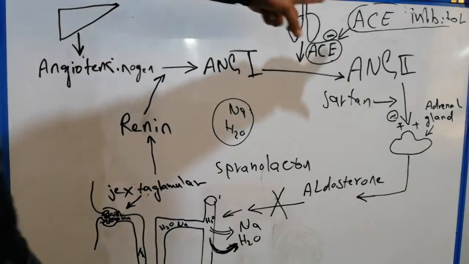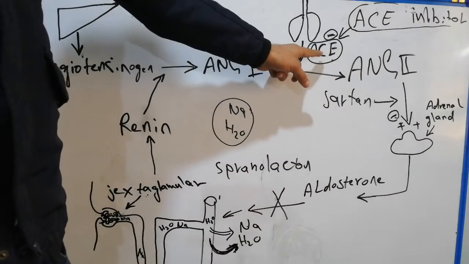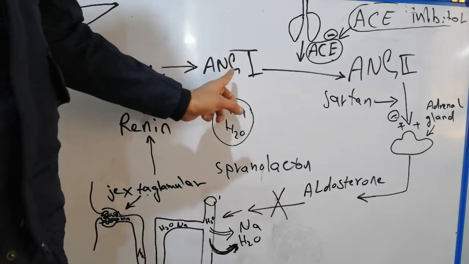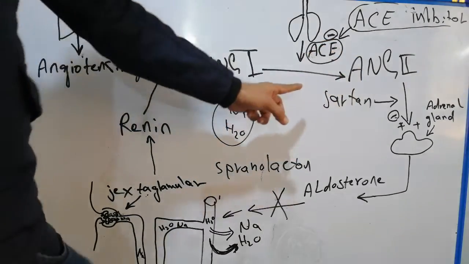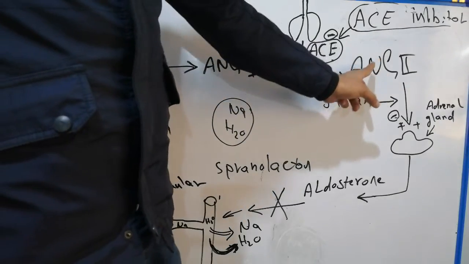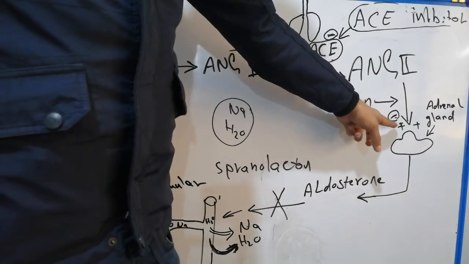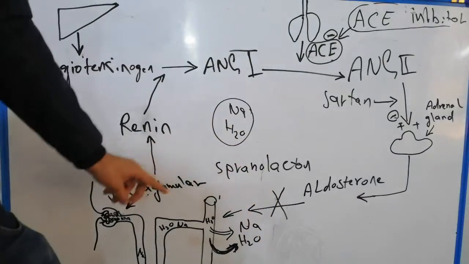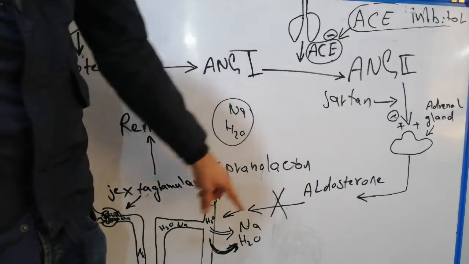So the ACE inhibitor blocks the enzyme which converts angiotensin 1 to angiotensin 2. Sartan blocks the receptors of angiotensin 2 on the adrenal gland, and spironolactone blocks the receptors of aldosterone on the tubules of the nephron.